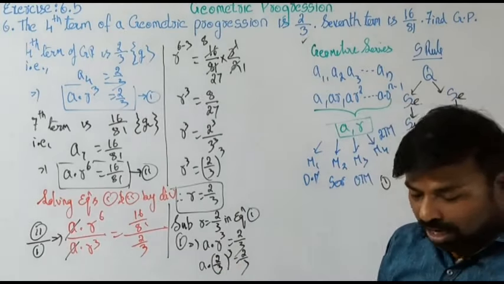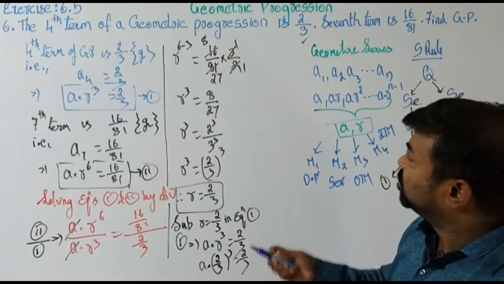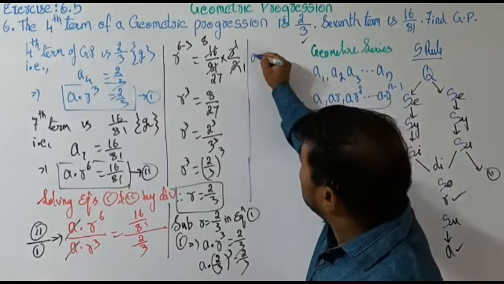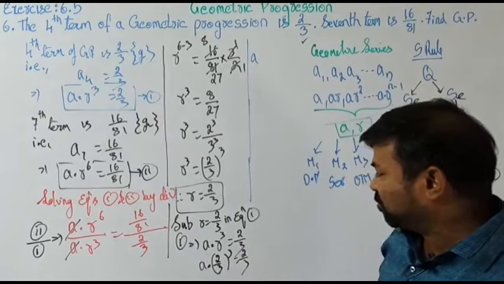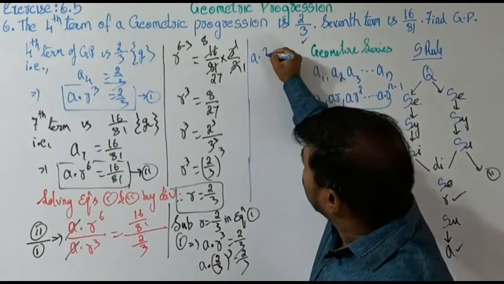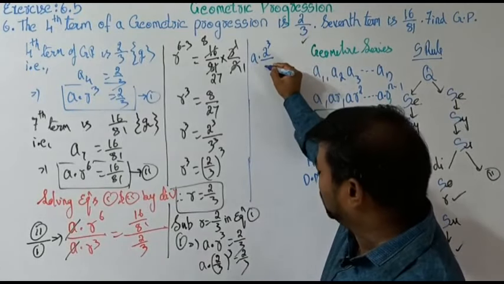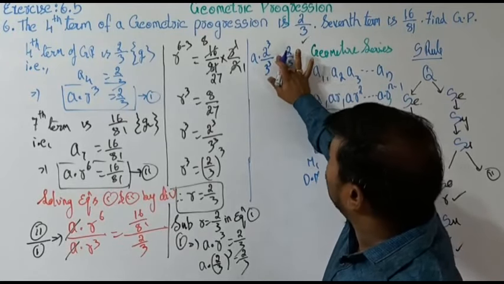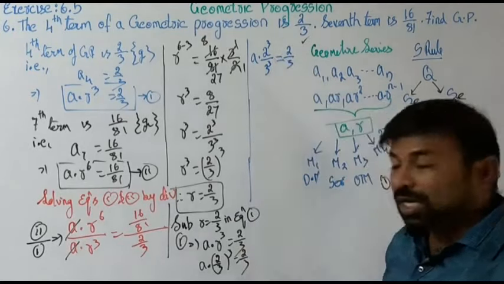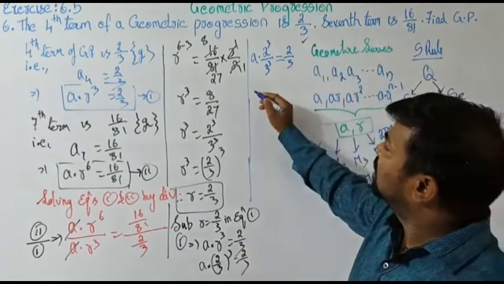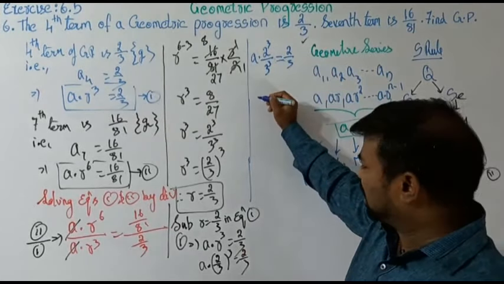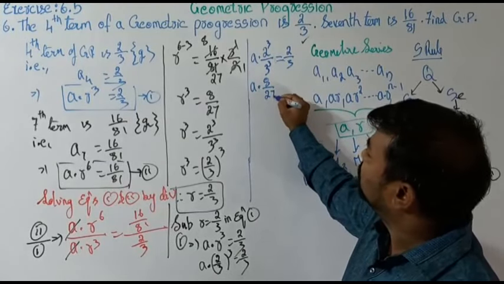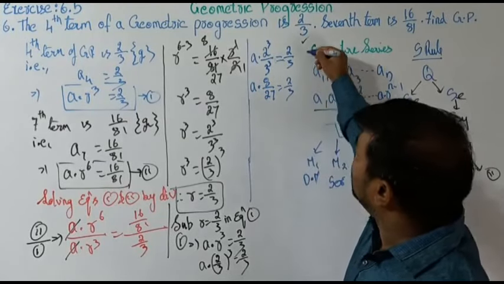Okay, now let us substitute. So a, we'll be getting, I like to write it as 2 to the power 3 by 3 to the power 3 into a equals 2 by 3. Now send it to the other side.